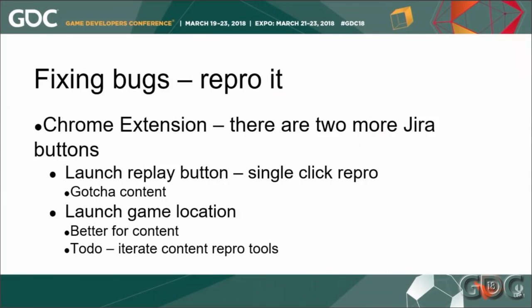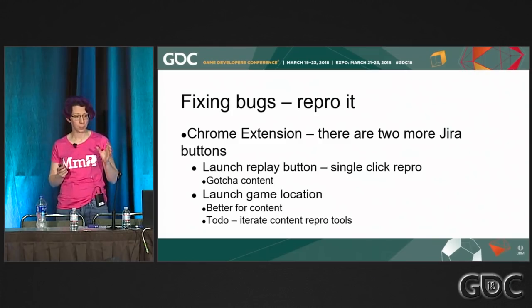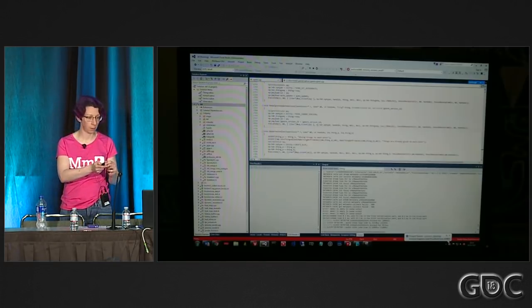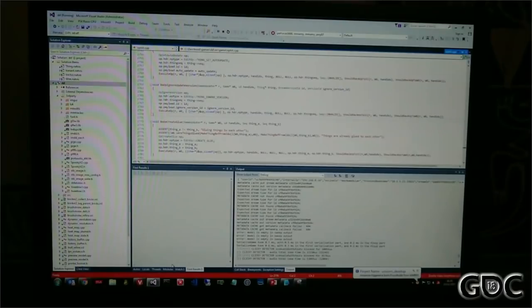So then, the bug is assigned out to a programmer, and there are 2 more buttons in the Chrome extension. So there is the launch replay button, which is my favorite button, and I've got a video of it here.